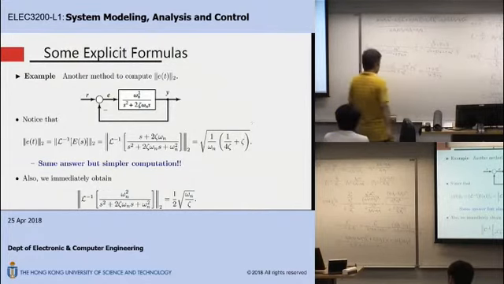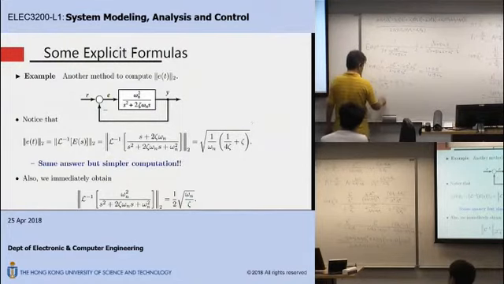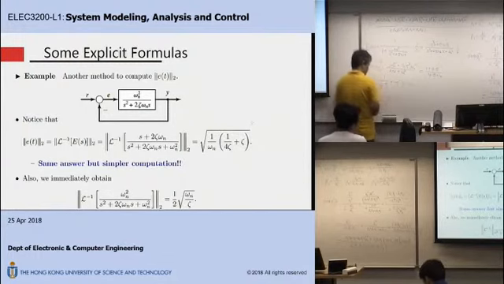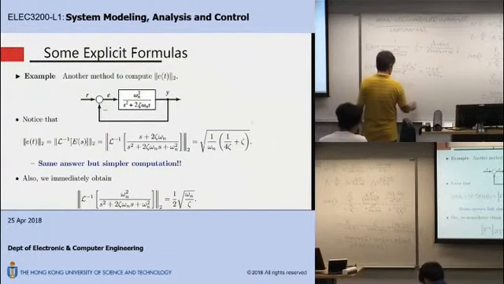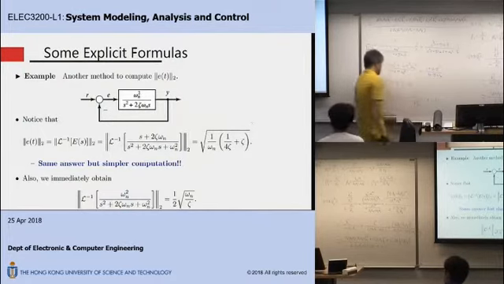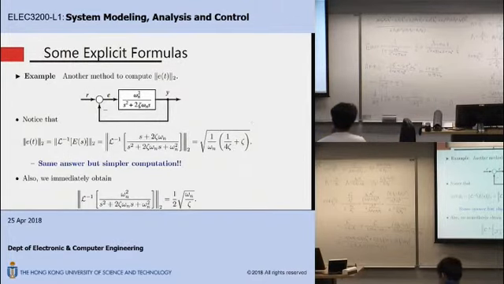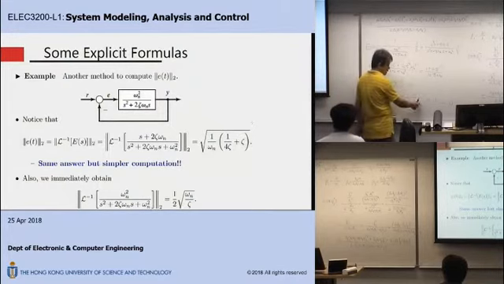In order to find the minimum, we take the derivative of this and set the derivative to be 0. The derivative is minus 1 over 4 zeta squared plus 1. We set this to be 0, then 4 zeta squared has to be equal to 1.